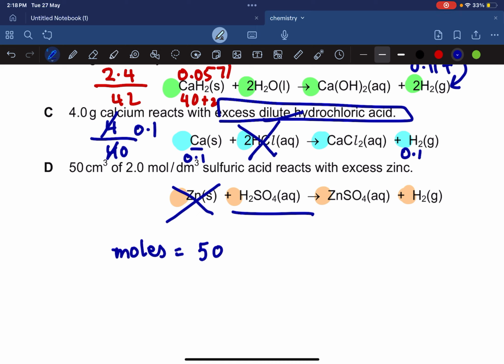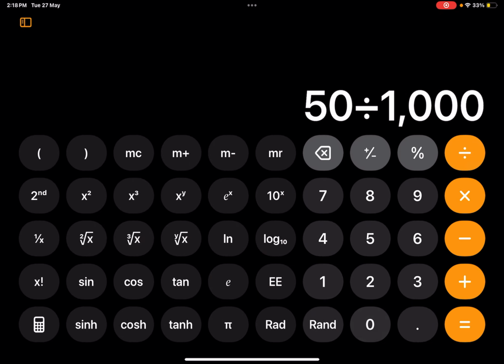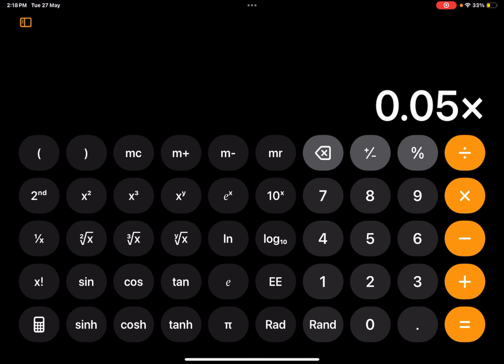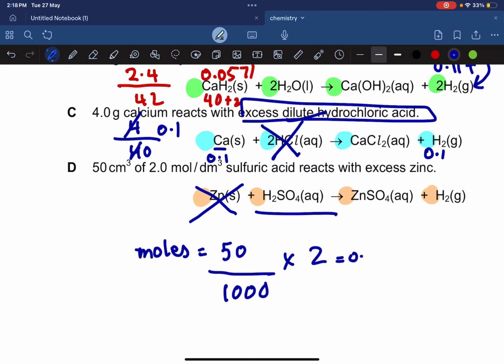Volume is 50 cm cube, so we take the volume in dm cube, divided by 1000, times the concentration, which is 2. 50 divided by 1000 multiplied by 2 gives 0.1 mole of sulfuric acid, and the molar ratio is 1:1. So 0.1 mole of sulfuric acid gives 0.1 mole of hydrogen gas.